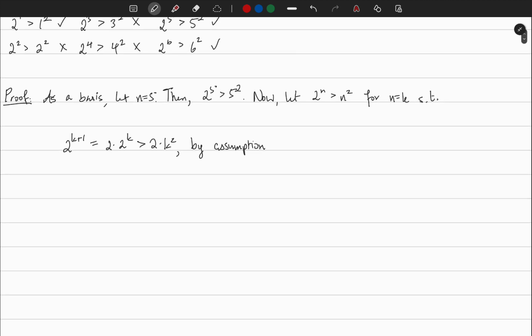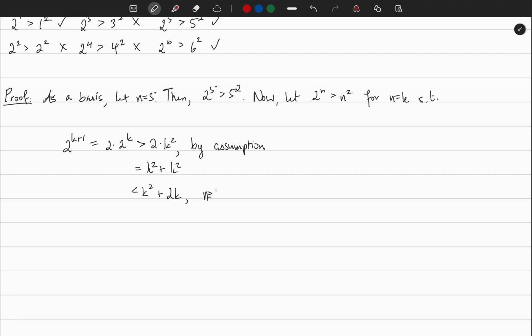Well, this is really equal to k squared plus k squared, if we split up the 2k squared. And this is then greater than k squared plus 2k. Now why is that?